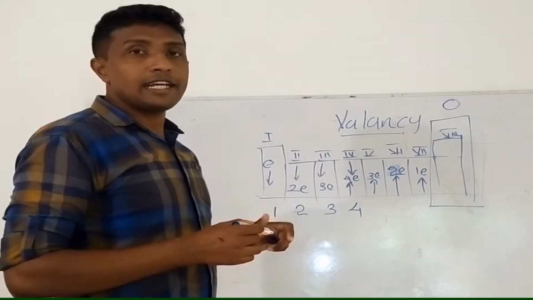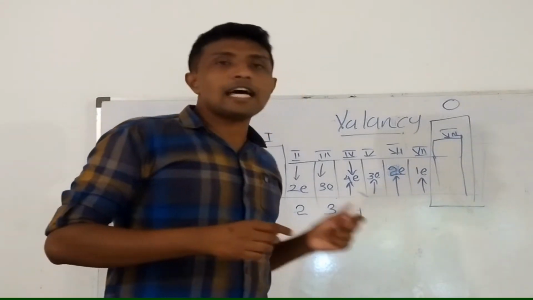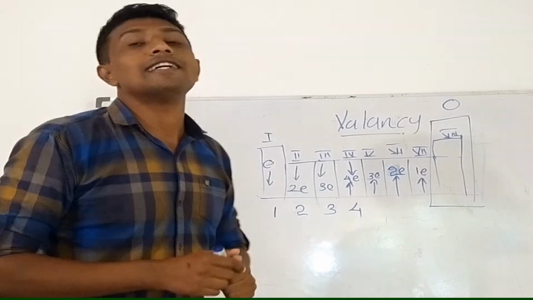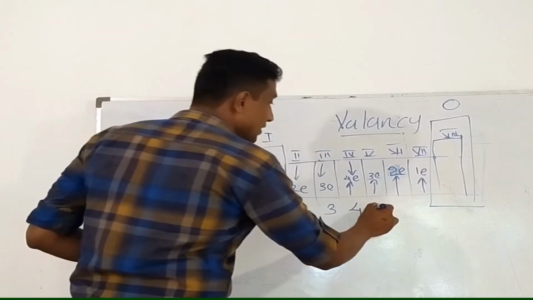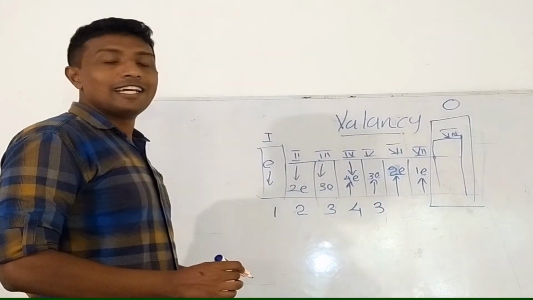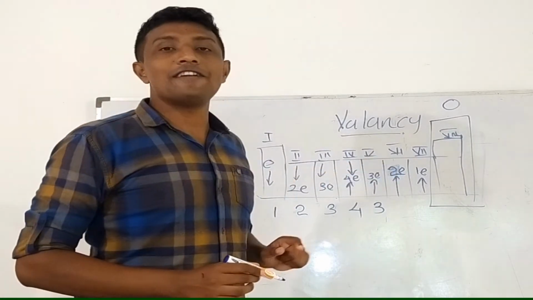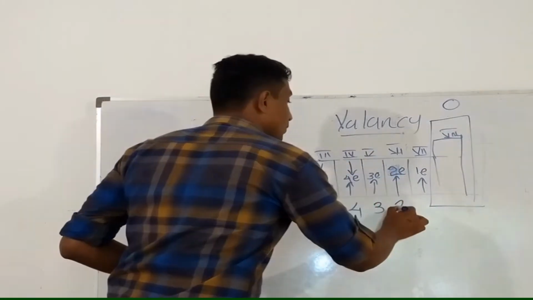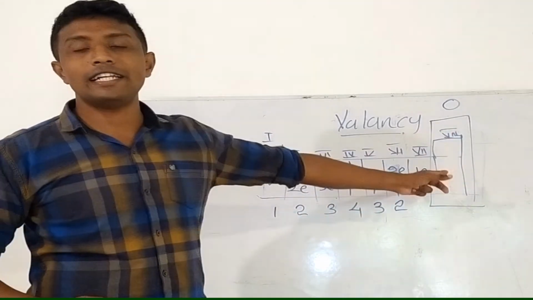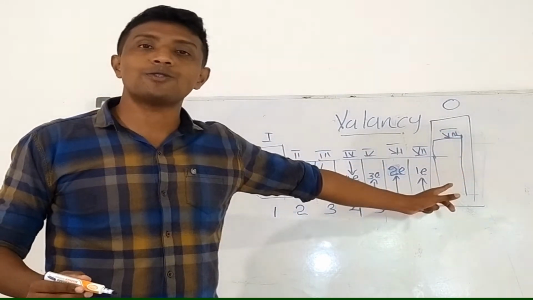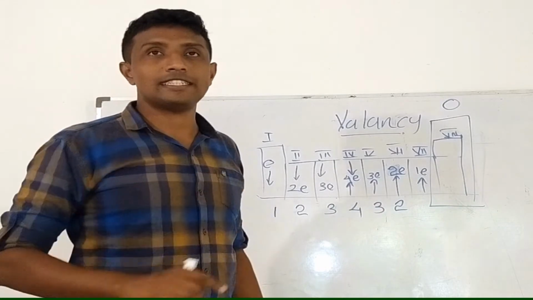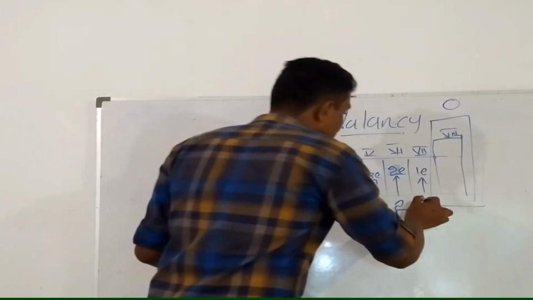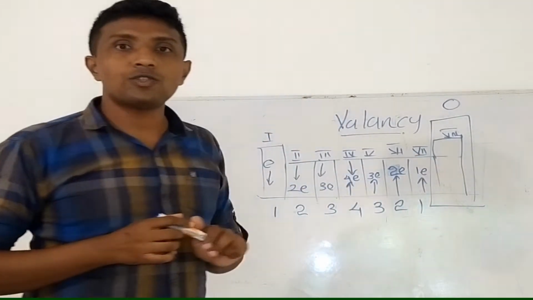Then these people are ready to take 3 electrons, so their valency is also 3. And they are willing to take 2 electrons, so their valency is 2. Finally, the 7th group is willing to take 1 electron, so their valency is also 1. Now understood?